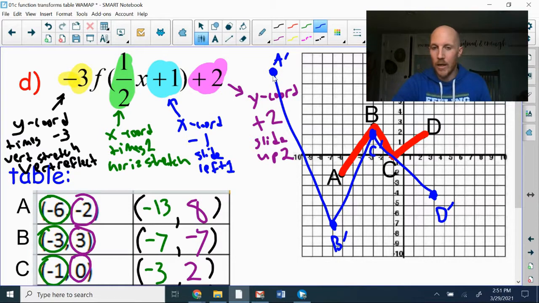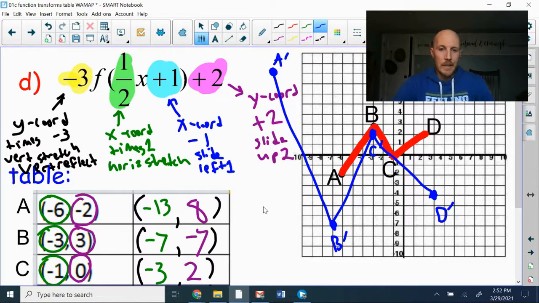Point A prime, instead of being below the x-axis, is now above the x-axis. And instead of being 2 spaces up, it's more than that, right? And then also the purple translation slid that whole graph up 2 spaces. And so now its final resting place there at -13, 8 is obviously more distance from the x-axis than what it would have been without the translation.